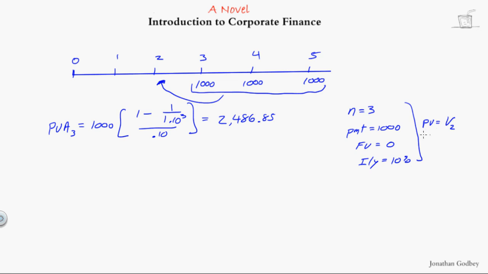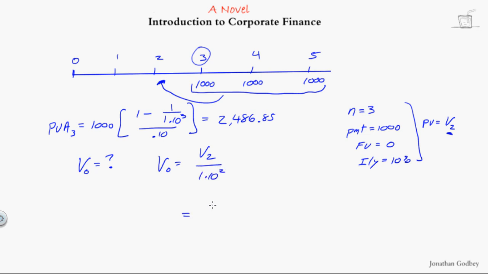So now you know when I do this calculation and I solve for present value, it's not the value today, it's the value one period before the payments start, and the payments started in year 3, so present value is a value in year 2. So if the question asks you what's the value today, that's V0. So if I want to know the value today, V0, the value today is equal to the value in year 2, which is what I found, divided by 1.10 squared.